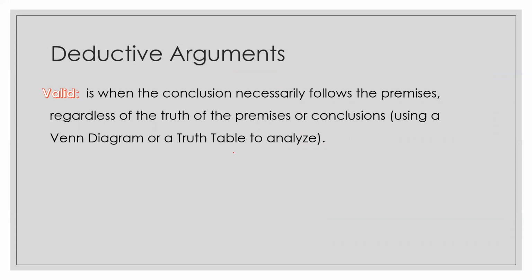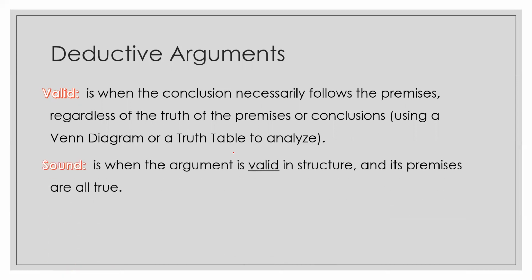In this video, we will use Venn diagrams to judge whether an argument is valid, and later on, we will use what's called a truth table to analyze it. So valid is when the conclusion necessarily follows from the premises.